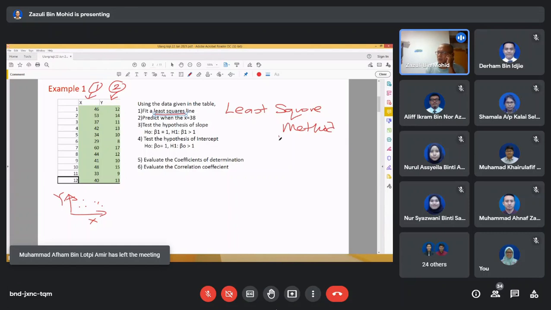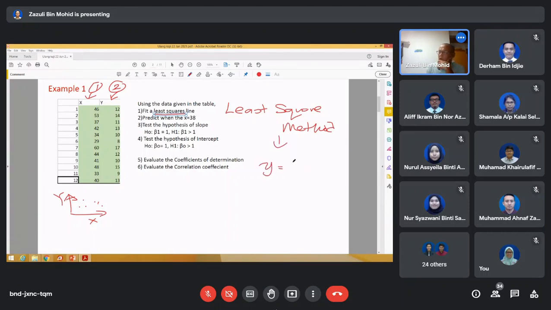This is only to have y equal, maybe in mathematics they call it c plus mx. But in our statistics, you will have the equation like this: y is equal to beta 0 plus beta 1 x.